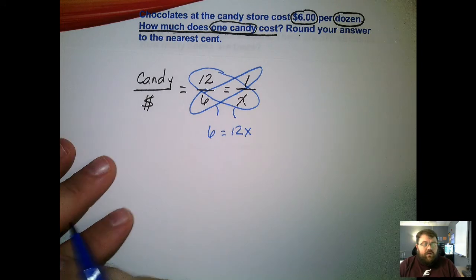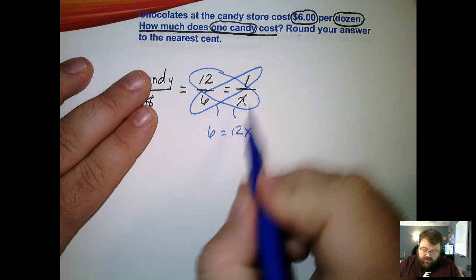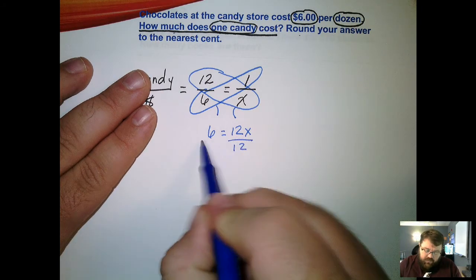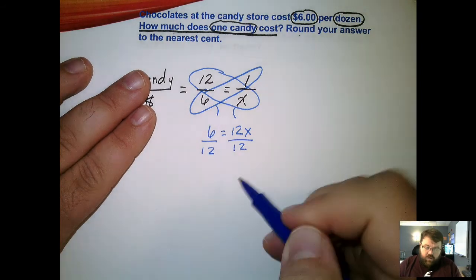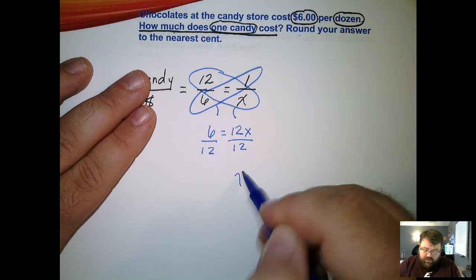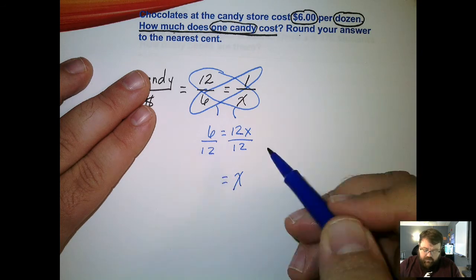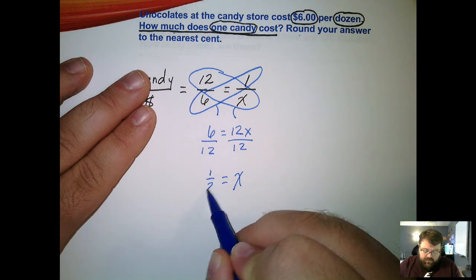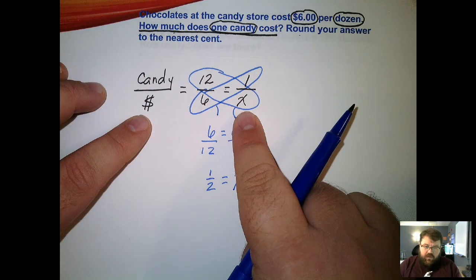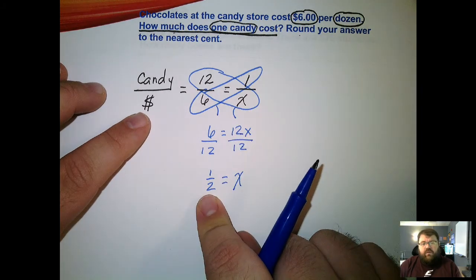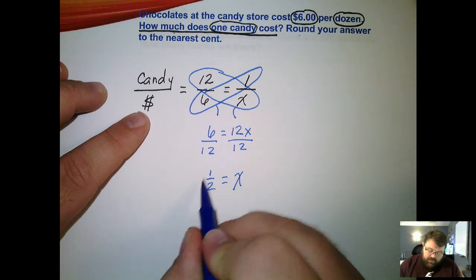Now, from here, your goal is to get x by itself. The 12 is multiplying, so I'm going to divide both sides by 12. 12 divided by 12 is 1. The way we show 1x is just by putting x. x equals 6 divided by 12, which is 1/2. Now, cost. We have 1/2. When we're talking about money, half of a dollar is 50 cents.